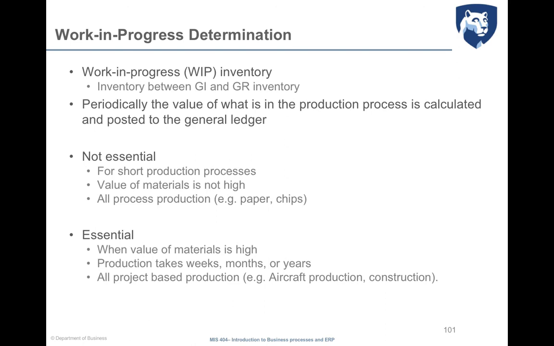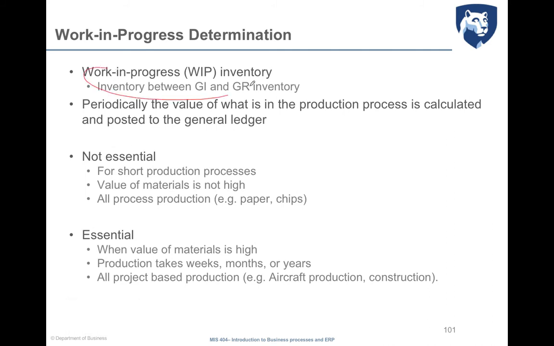So what do we do? We don't have raw material inventory anymore, and we don't yet have finished goods inventory. In this interim period, what we have in our production system is what is classified as work in progress or work in process inventory.